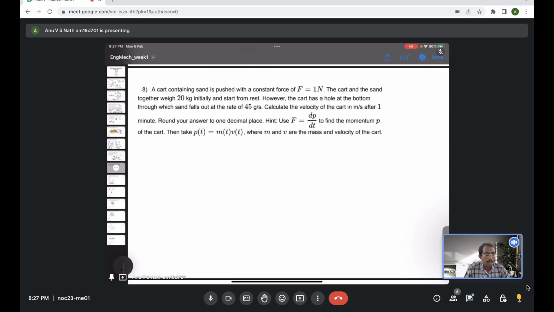So anyone has any idea how to solve this? You can explain how, if you think you know how to solve it.